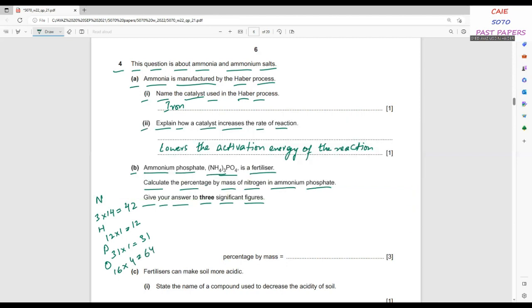So adding up these together, 42, 12, 31, and 64. 9, 4 plus 1, 5, 5 plus 3, 8, 8 plus 6, 14. So 149 will be the MR of this compound. Now I want to calculate the percentage by mass of nitrogen here. So we have 42 as the mass of nitrogen in this.